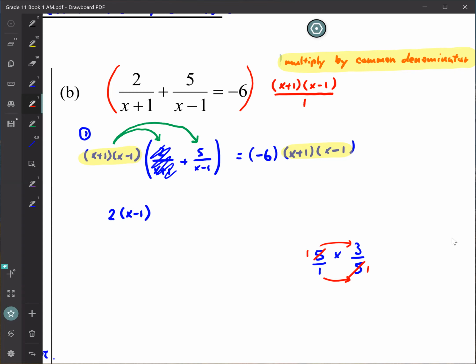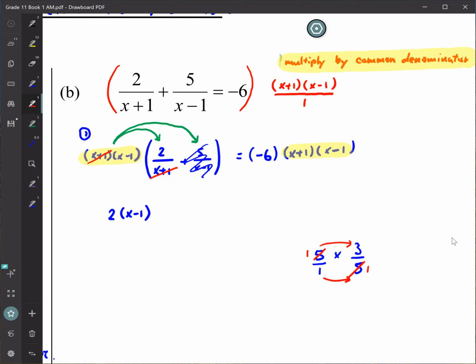Okay, so we are using the same idea over here. When you look at the first fraction, the x plus 1 is like the 5 that we had there. So x plus 1 can cancel with the x plus 1 on the outside. Understand? So that's why you're left with 2 times x minus 1.